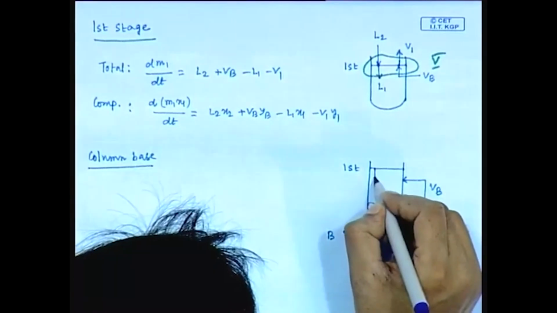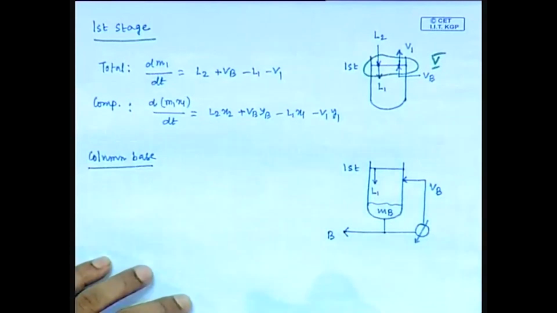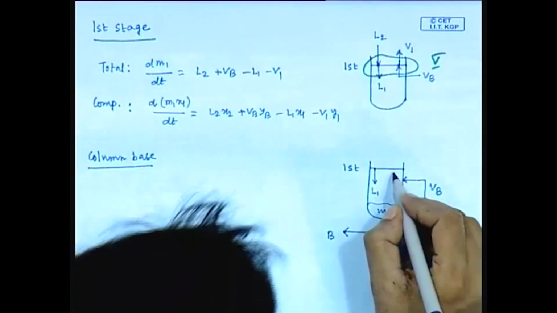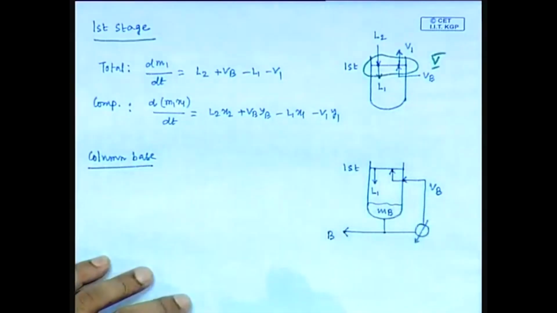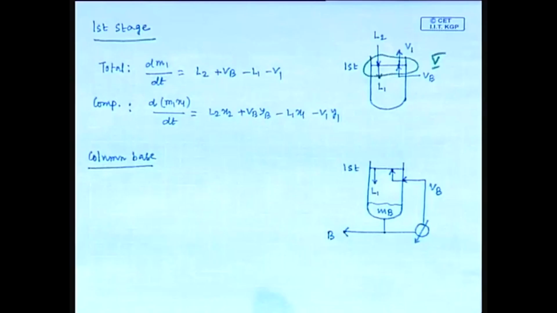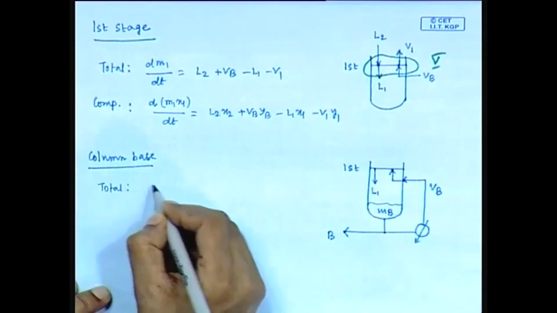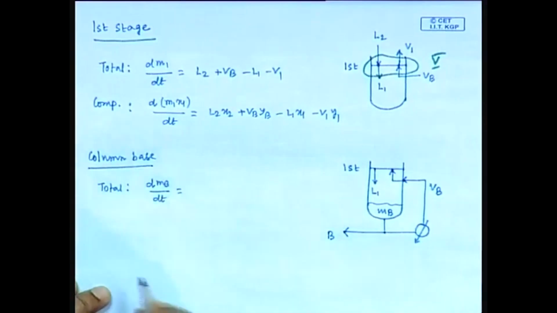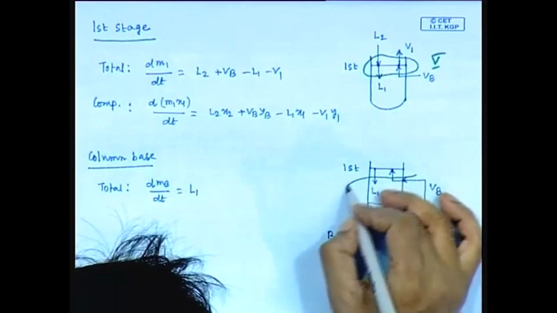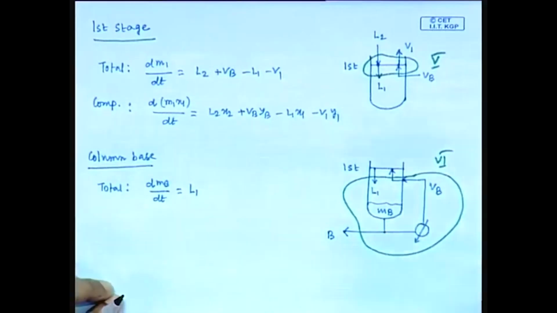The liquid stream which is leaving the first stage has the flow rate of L1, and this Vb is introduced to the first stage. Fine. So, what will be the total mass balance? This is the sixth envelope.